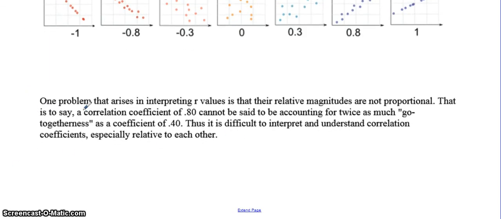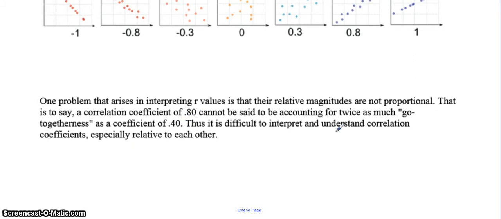Now, one problem that arises in interpreting r values is that their relative magnitudes are not proportional. That is to say, a correlation coefficient of 0.8 cannot be said to be accounting for twice as much go-togetherness as a coefficient of 0.4. That means 0.8 is not twice as strong as 0.4.